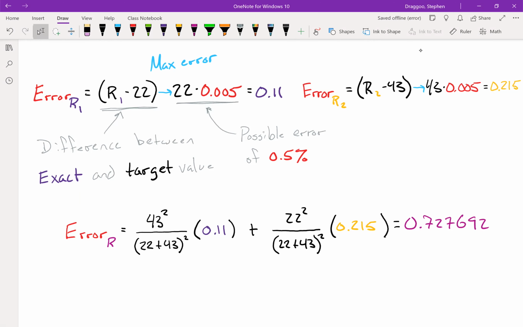Plug all that into a calculator, and I got 0.727692. And then, round to however many decimal points you need. Our last step should say that this is in ohms, since we were given a unit.